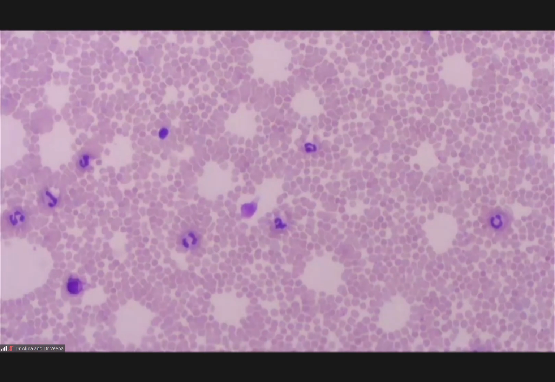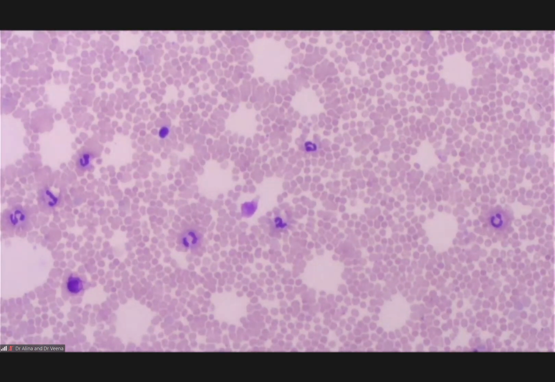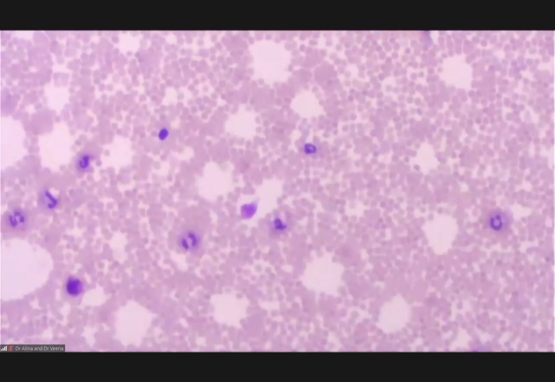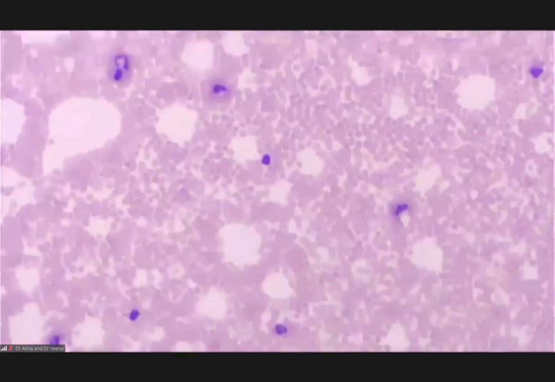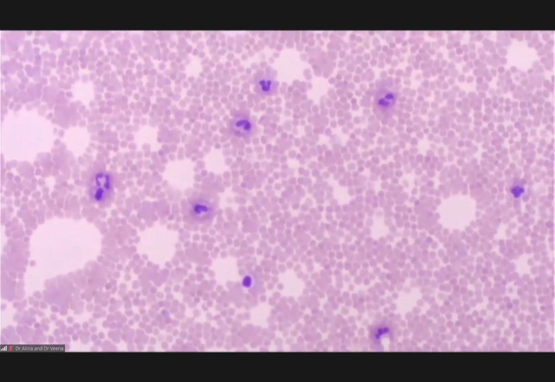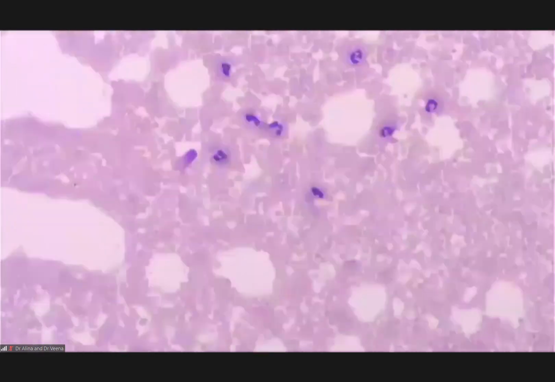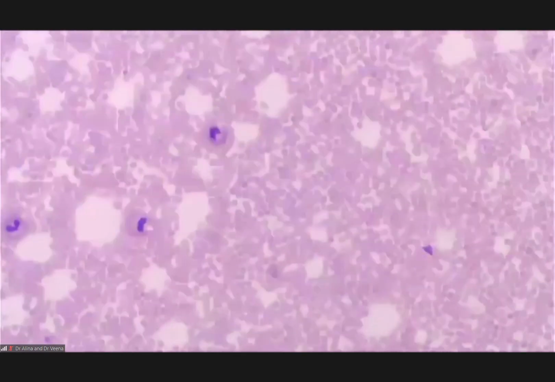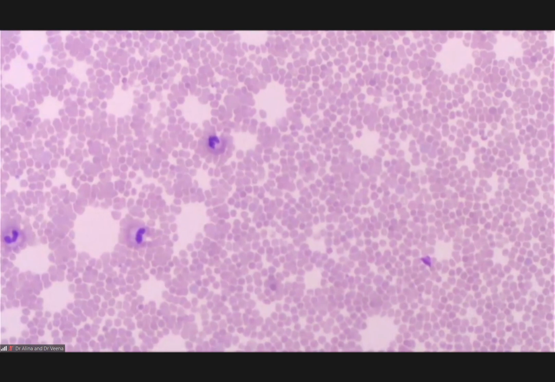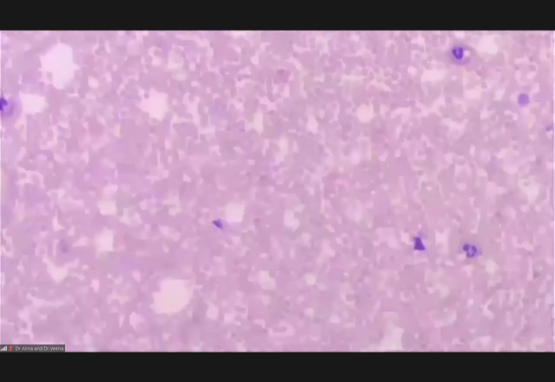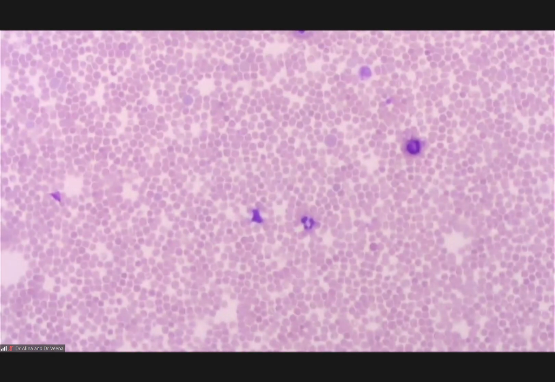It's quite difficult. Even at the tail end, you can't get a good spread, right?